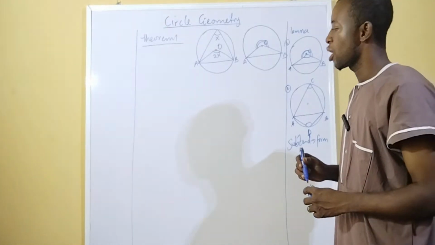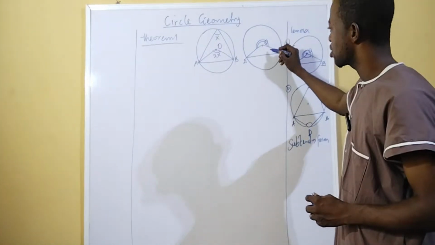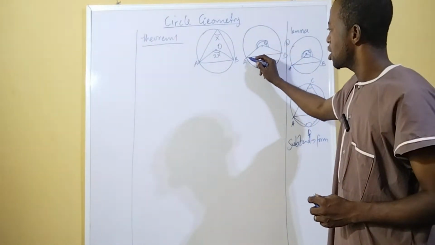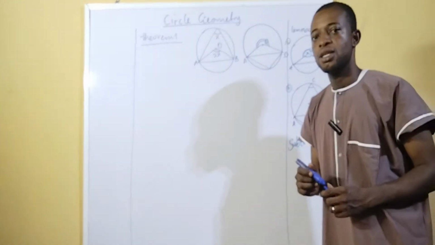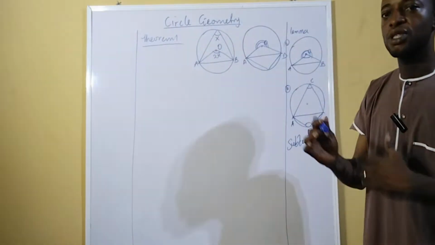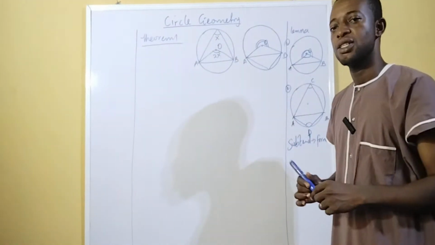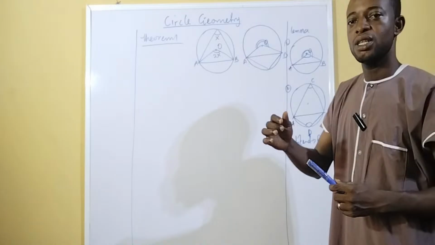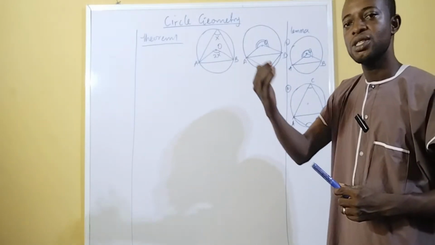The angle at the circumference corresponding to this angle will be at this other side. It's very important for us to differentiate. If this angle is at the center, which angle will be at the circumference corresponding to it? It will be on which side?